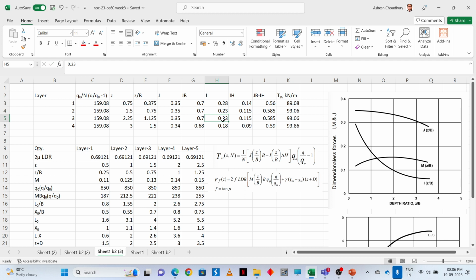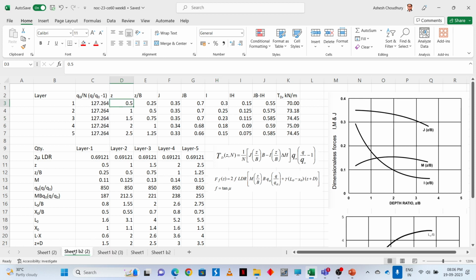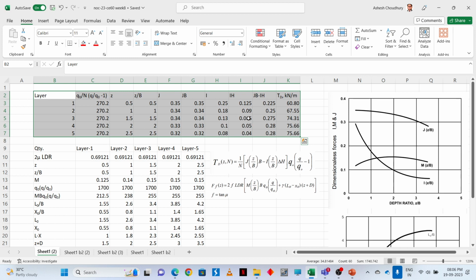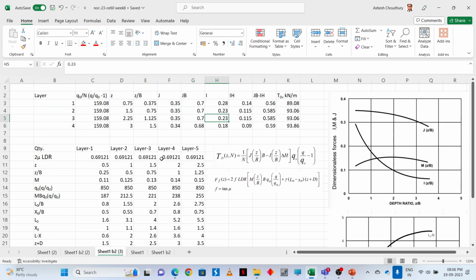For 1.125 means here, say 0.16 or something. For 1.5 we are taking 0.18, and for 1.5 we are taking 0.13.